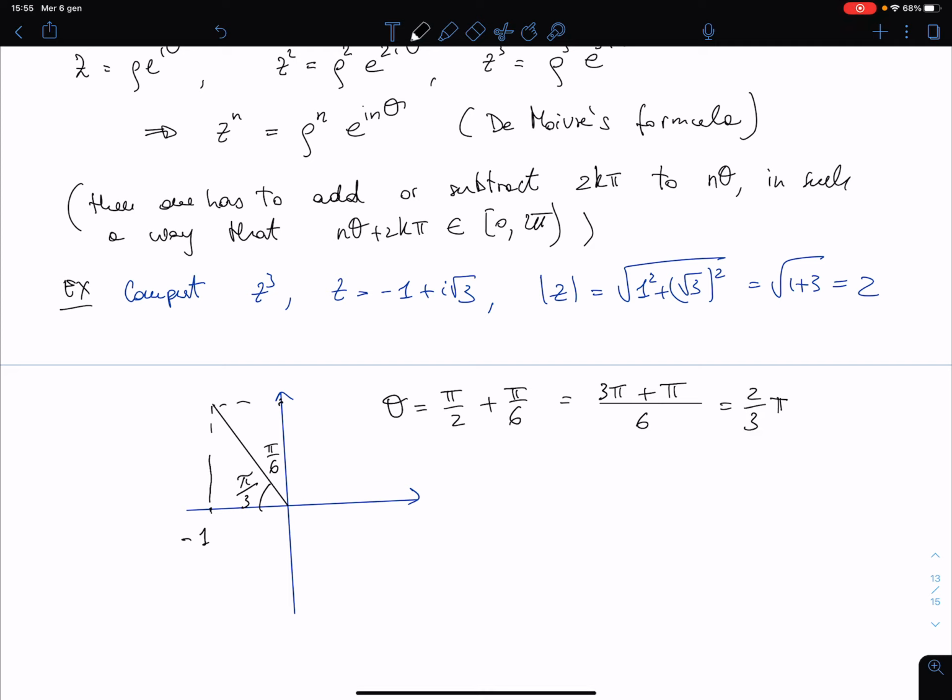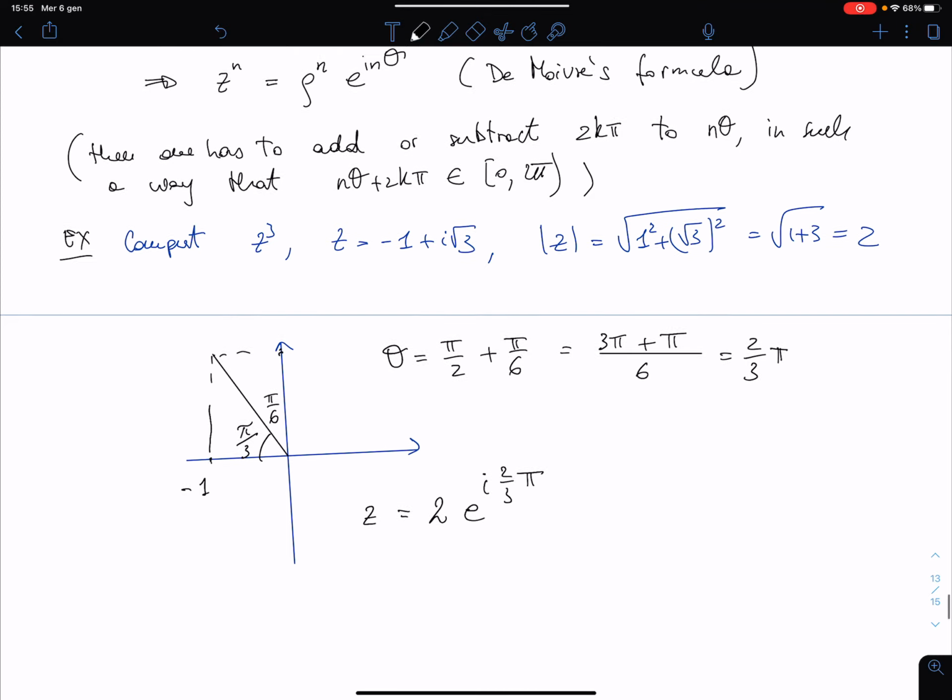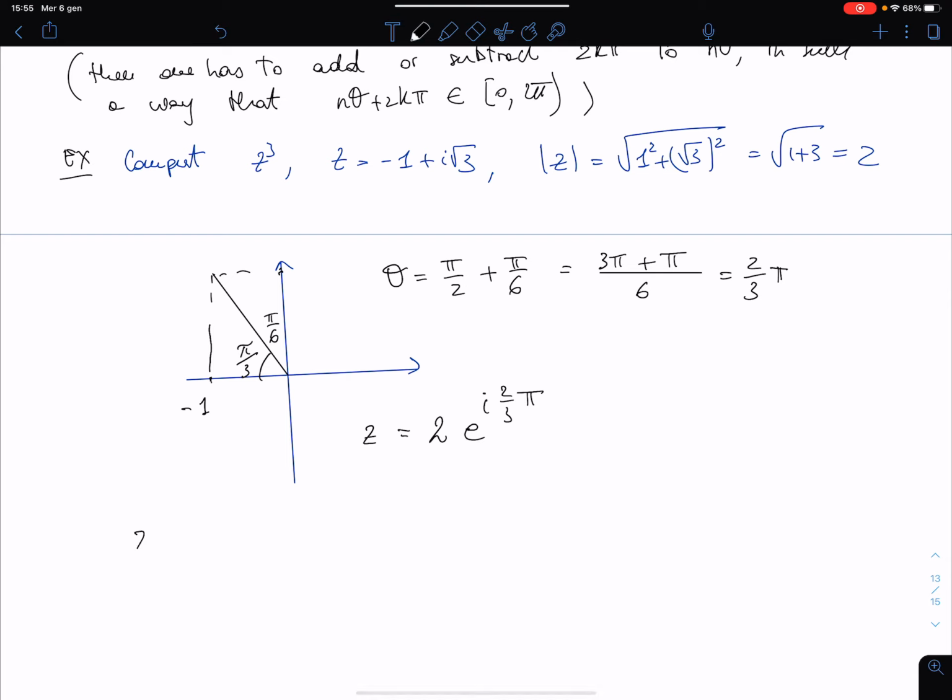So z is equal to 2 e to the i 2 over 3 pi. So z cube is equal to 8 e to the power i 2 pi, but 2 pi is equivalent to 0, so z cube is equal to 8. Okay?